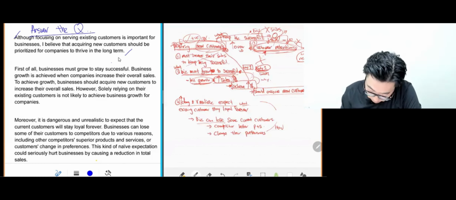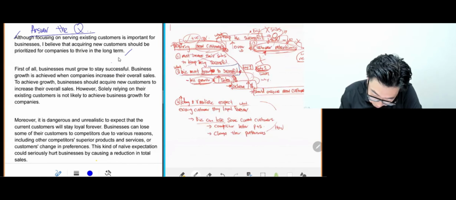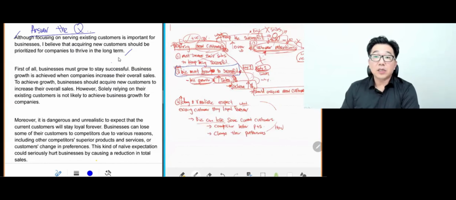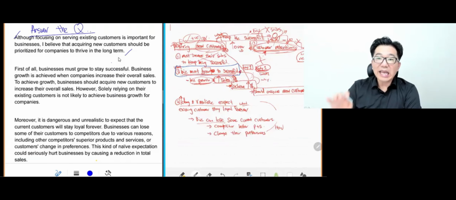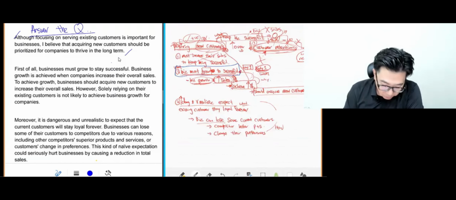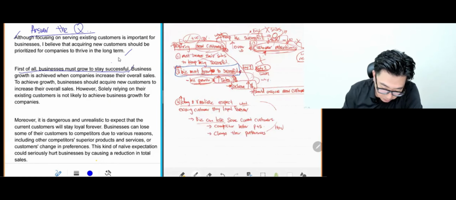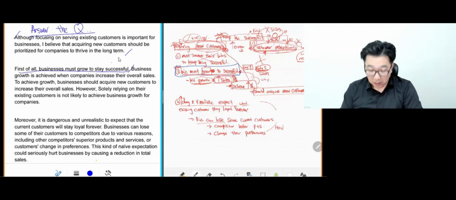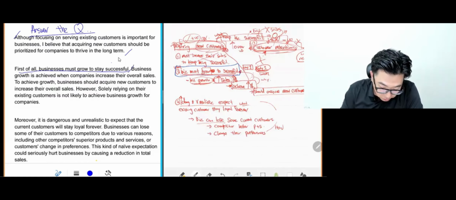First reason, business must grow to be successful. Business must increase their overall sales to stay successful. First of all, business must grow to stay successful. Topic sentence. What does this mean? Business growth is achieved when companies increase their overall sales.